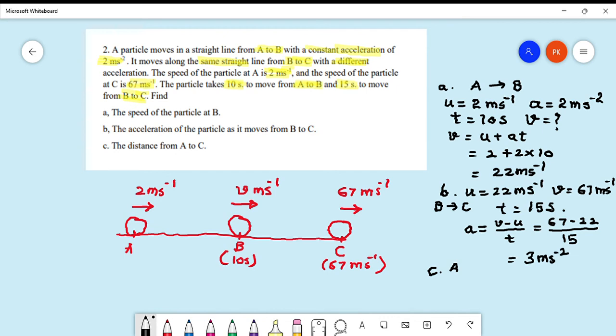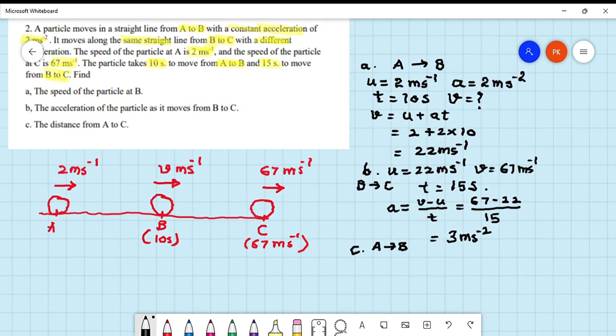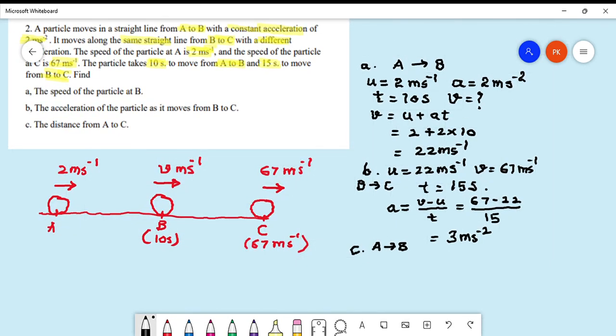So first I will consider the journey from A to B. For the journey from A to B, the initial velocity u is 2 meters per second. At B the velocity is 22, so v is equal to 22 meters per second, and the time t is 10 seconds.